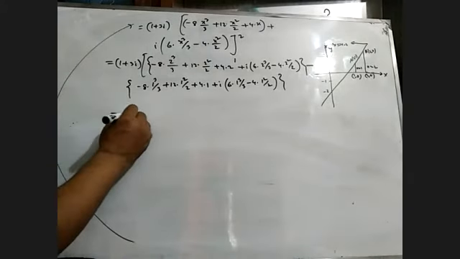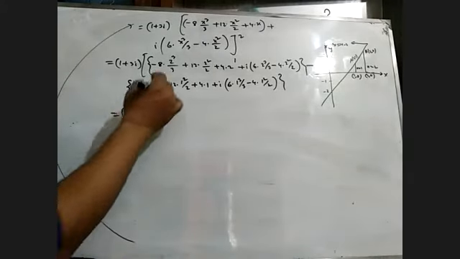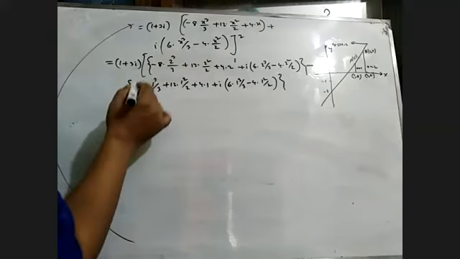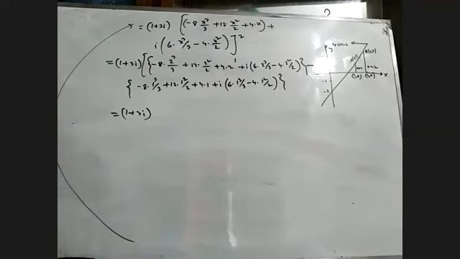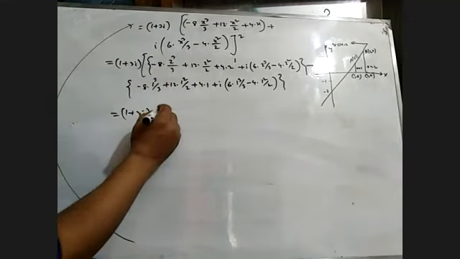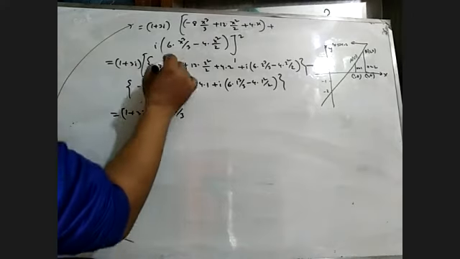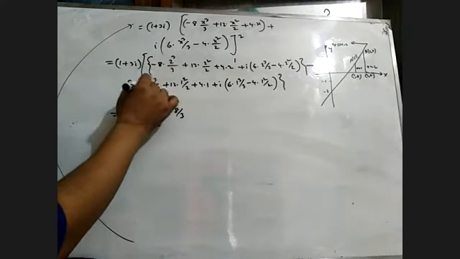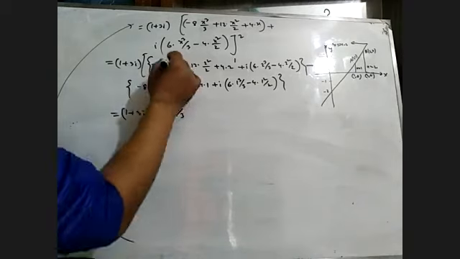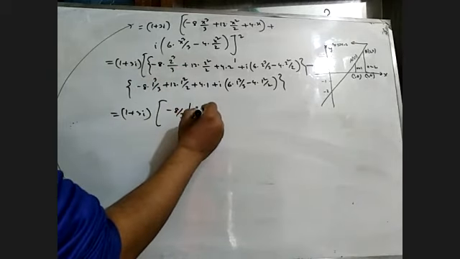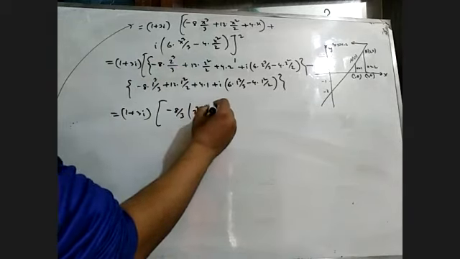This equals to 1 plus 3i. Minus 8 by 3, okay, here minus 8 by 3, here minus 8 by 3 common. So we get 2 cube minus 1 cube, right?